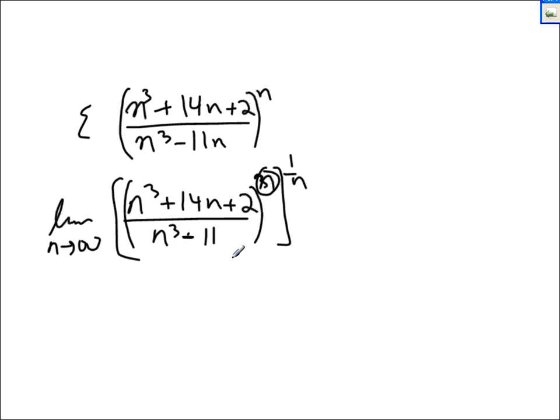For n times 1 over n is 1. This power is 1. That means you don't even have to write it. Since both of these are n cubed, I just divide the numbers in front, which is 1. This failed the root test. Okay, that completes this one.